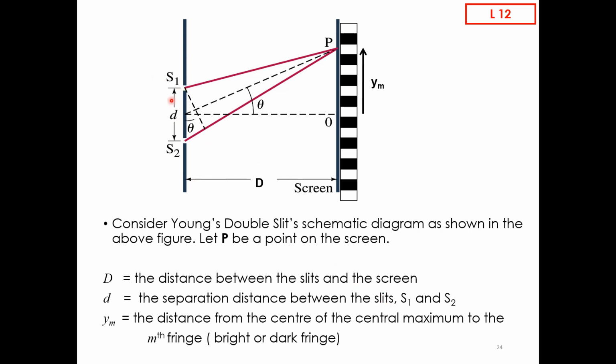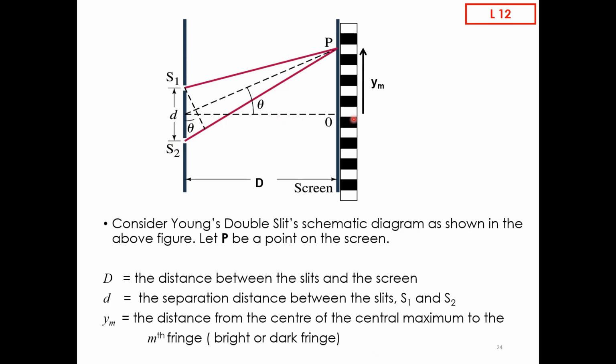Ym, y subscript m, is the distance from the central maximum to the m-th order fringe, either bright or dark fringe.